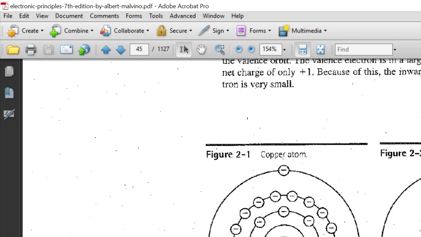Suppose we have created the potential difference using a battery, so the electrons will start getting attracted towards the positive polarity of the battery, and this will result in a current through this copper block.